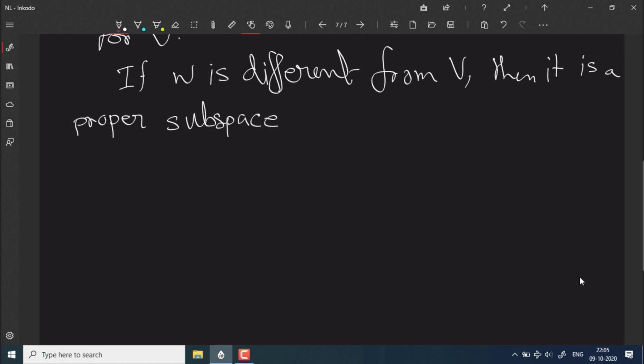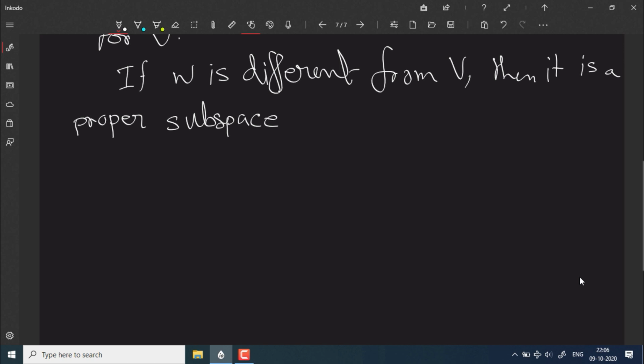Obviously, we know that W is a subset of V, and there is no way that W can have more elements than V. It is only possible that W doesn't contain the elements that are present in V. So W becomes a proper subspace, right?